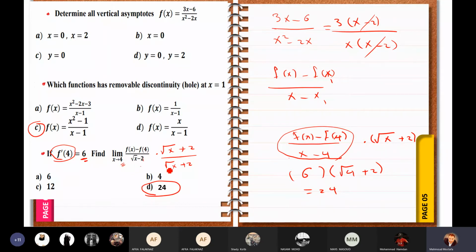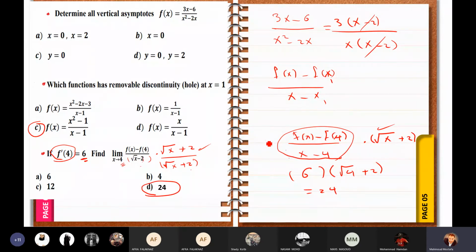So I will multiply by the conjugate, square root of x plus 2, because when we multiply we get first square, which is x, minus second square, which is 4. If I multiply the denominator, I have to multiply also the numerator. So up here, f of x minus f of 4 over x minus 4, this is the formula.